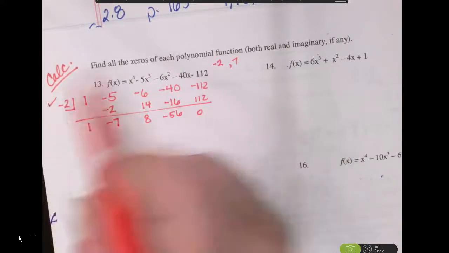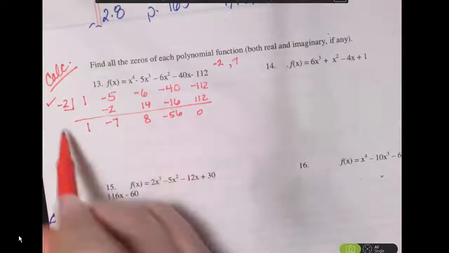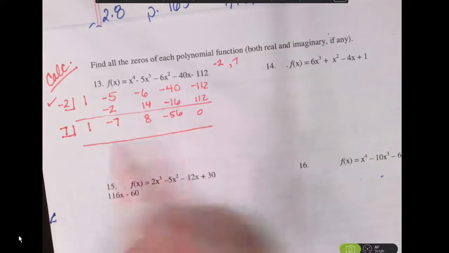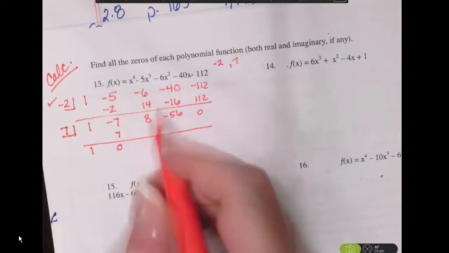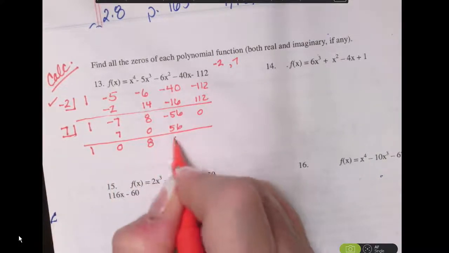Okay, so -2 works. Then I'm going to go ahead and use this polynomial that I have here to do 7. So 7 is 7, 0, 0, 8, 56, 0.